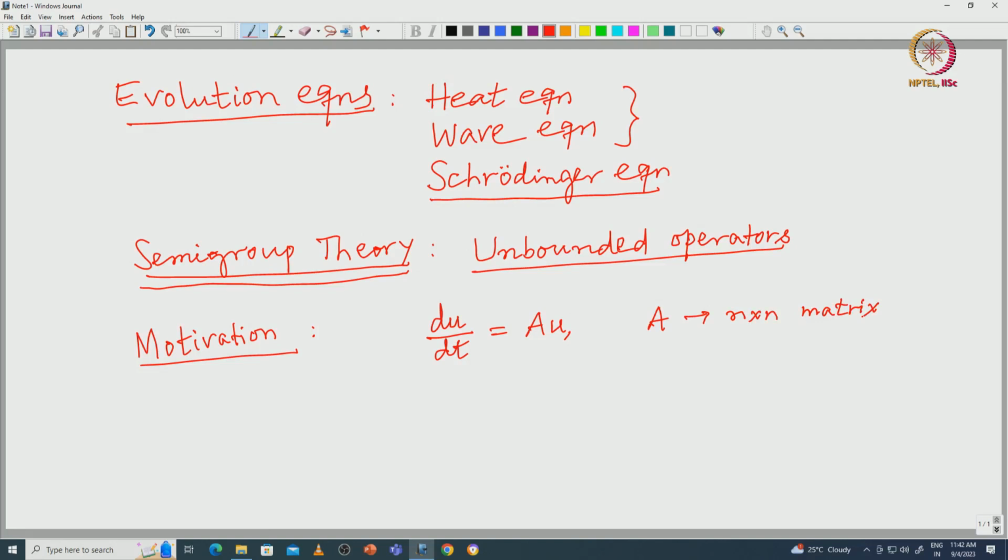And for this Cauchy problem, if you impose an initial condition u(0) = u0 in R^n, we know that the solution is immediately given by u(t) = e^{tA} u0. In fact, this one you can define for all t.